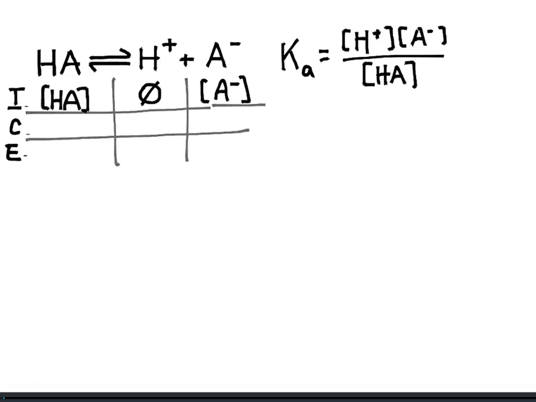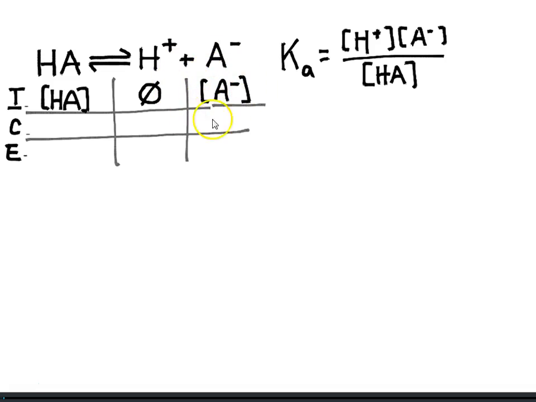This is when we have a mixture of an acid and its conjugate base, aka a buffer. So you would have some value in the initial spot for the base, and they wouldn't both be zeros on the right like they've been in the past. In the past, we only looked at the dissociation of HA in pure water, where both of these would be zeros. But now we have a mixture, an acid and its conjugate base.